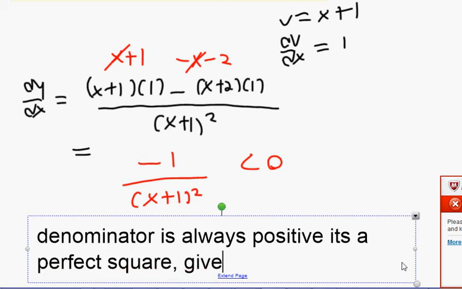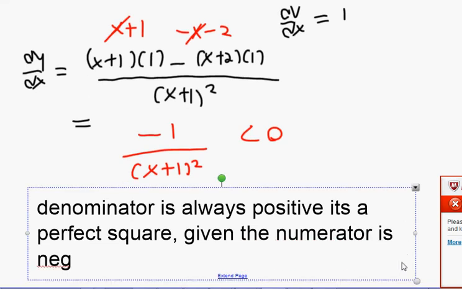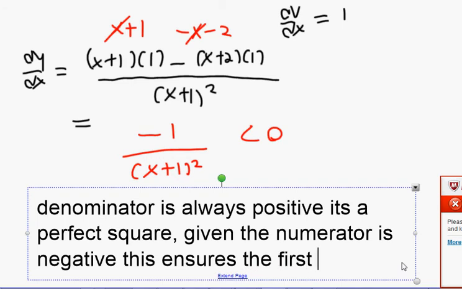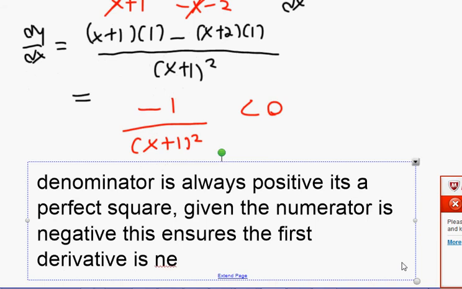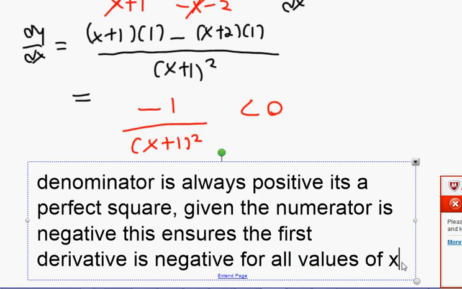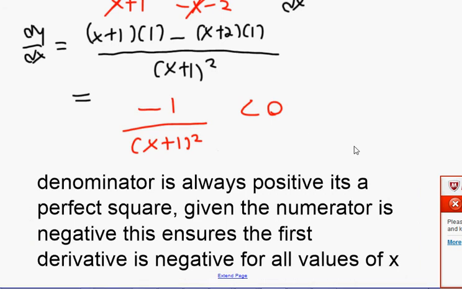Given the numerator is negative, this ensures the first derivative is negative for all values of x. Happy enough with that? Negative, it's decreasing all the time.